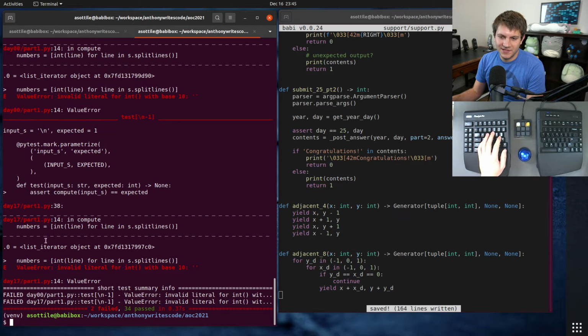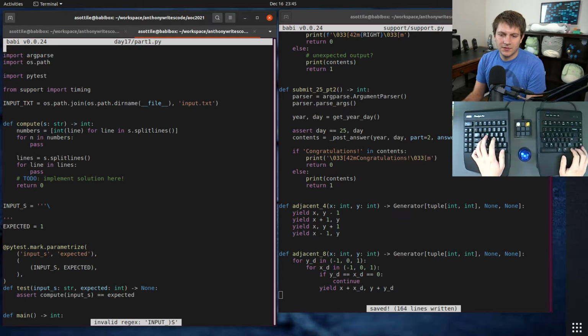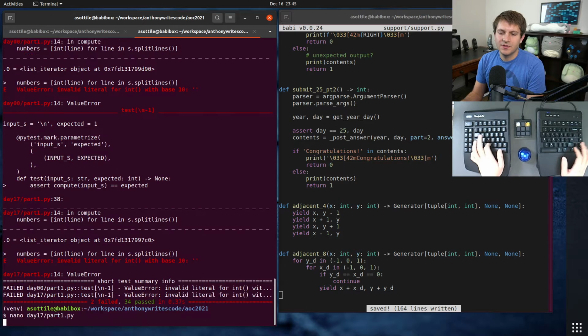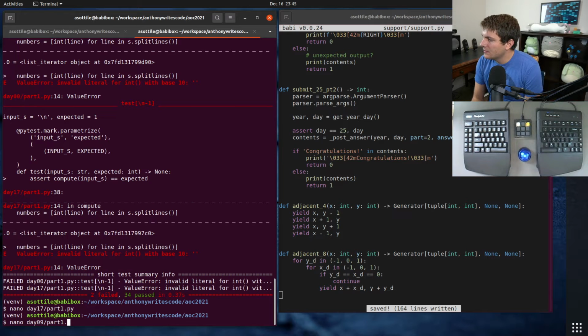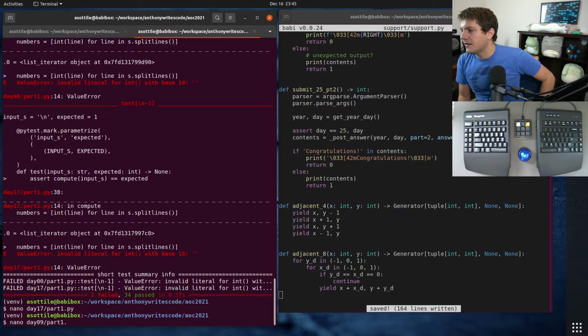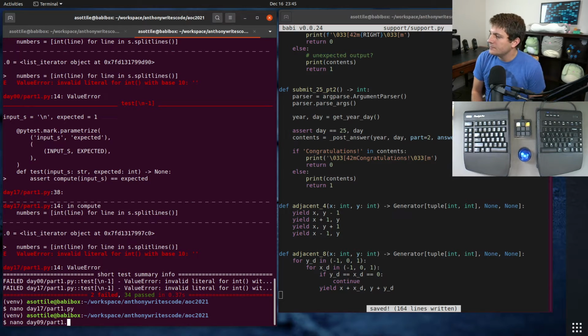Wait, why is day 17 broken? Oh, because we're not done with 17. Okay, yeah. No, this makes sense. Okay. Day 9, part 1. Oh, you can use day 8 with a skip. Got it. That makes sense. Cool. Or adjacent 8 with a skip.